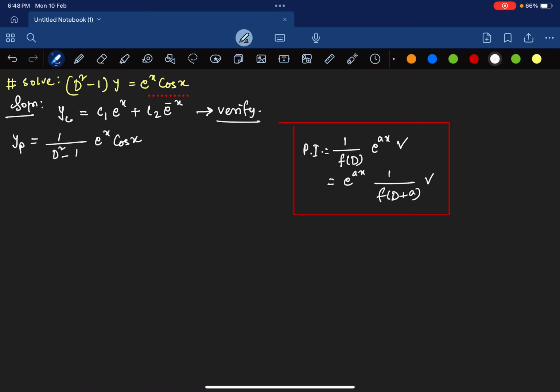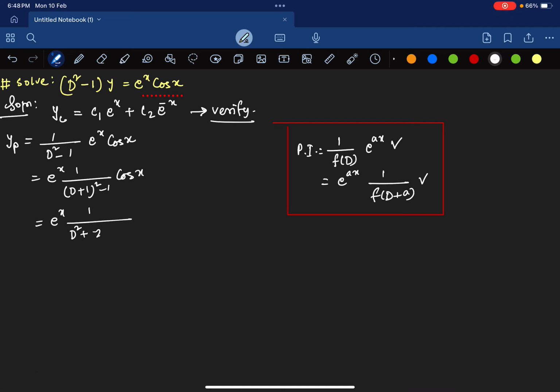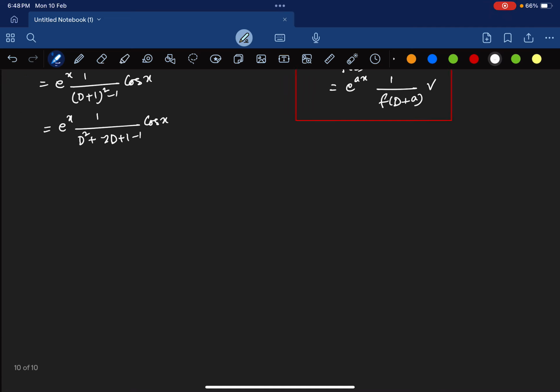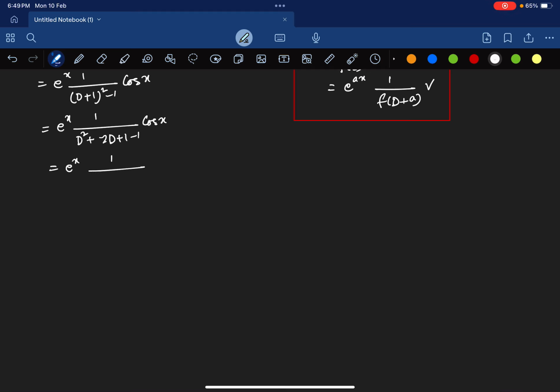Now see this, e power ax, you can take it out, and here you should write (D plus 1) square minus 1 cos x. So in the next step, e power x 1 by (D square plus 2D plus 1 minus 1) cos x. Now in this next step, what you have is e power x 1 by (D square plus 2D) cos x.